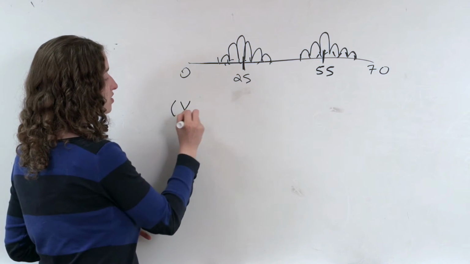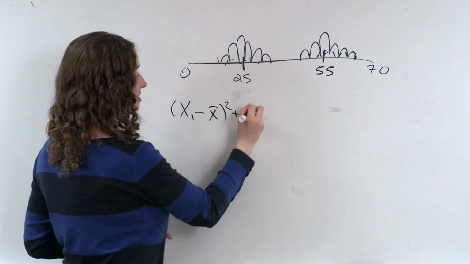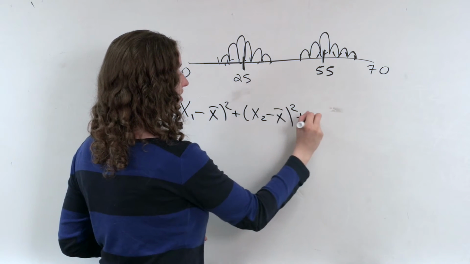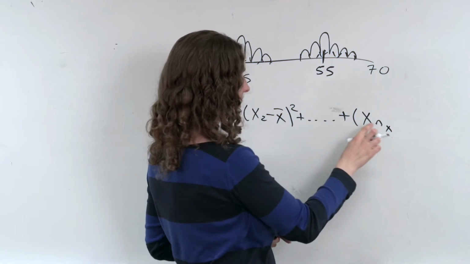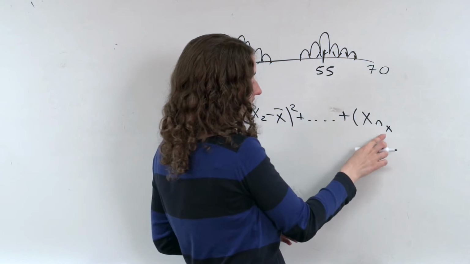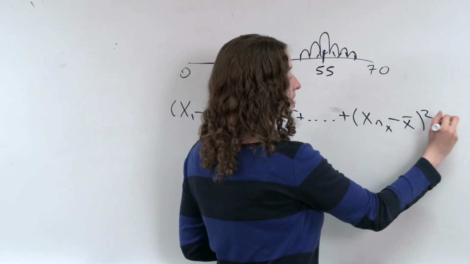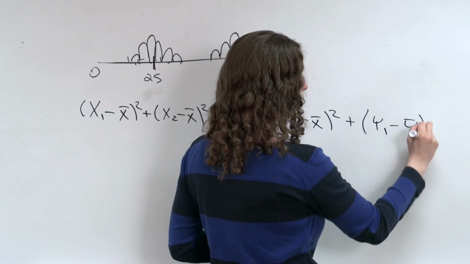I'm going to take x1 and subtract from it the mean in the X group and square that. I'm going to take x2 and subtract from that the mean in the X group, etc. I'm going to take each of the values in the X group, from x1 all the way up to x_nx, where nx is the sample size in the X group, subtract x bar and square it. But now I'm going to keep going. Let me take the first value in the Y group and subtract y bar and square it.